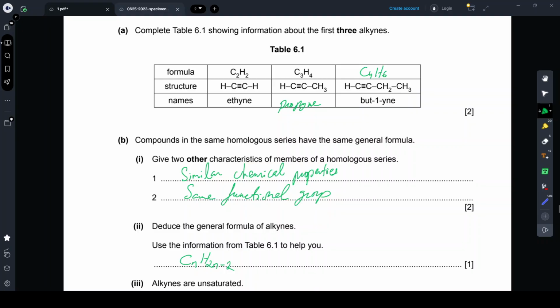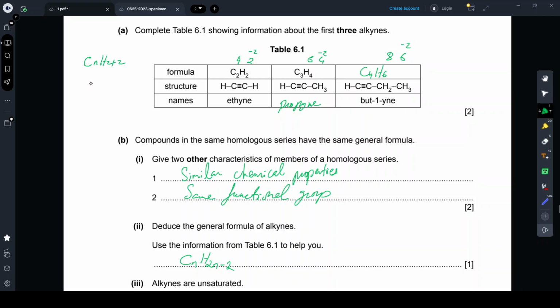Okay. To figure this out, you could rack your brains: CnH2n would be 4, but this is 2, so it's 2 less. And then CnH2n would be 6, but this is 4, which is again 2 less. And then 8 and this is 6, so it's 2 less. Also, alkanes, which are completely saturated, are CnH2n plus 2.